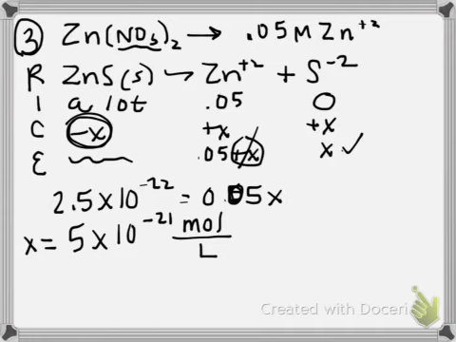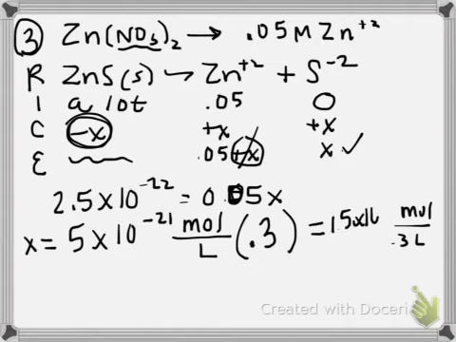What we actually have is 300 milliliters or 0.3 liters. So that's 30% of a liter. So I think that we would just multiply that by 0.3 in order to convert this into how many moles will it be for every 0.3 liters. So if we multiply by 0.3, we get 1.5 times 10 to the -21 moles.